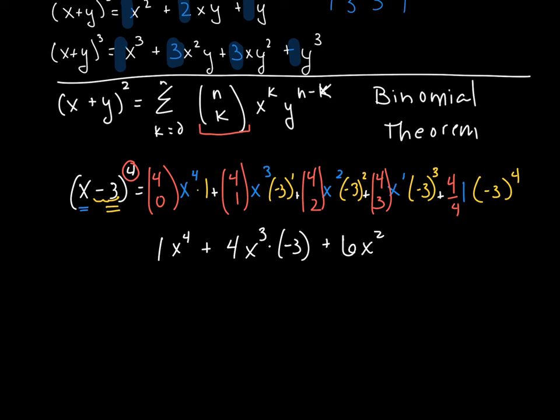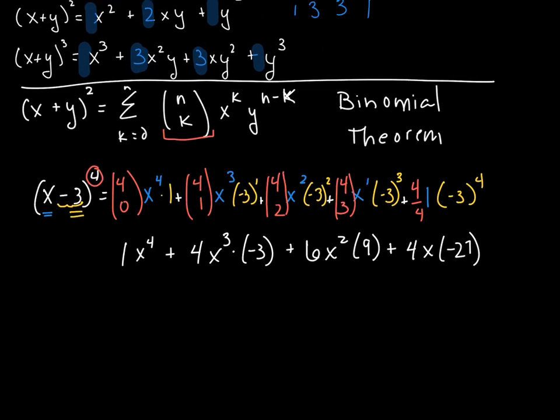That is still x squared times negative 3 squared, which is 9. So the next one I'm doing is 4 choose 3, x to the first, and then negative 3 to the third, which gives me 4x times negative 27. So 4 choose 4 is equal to 1 times 81. Oops, that's a plus sign there.